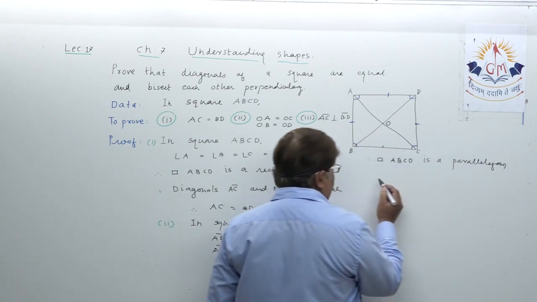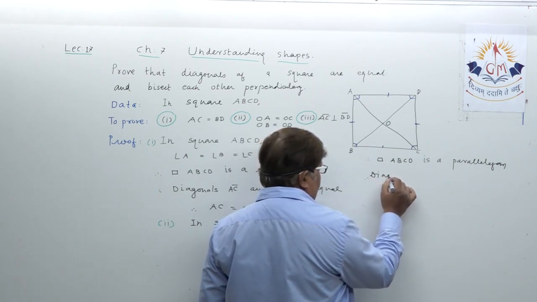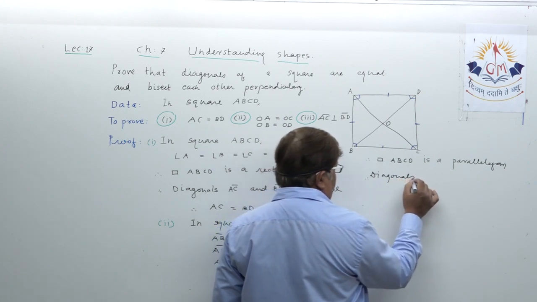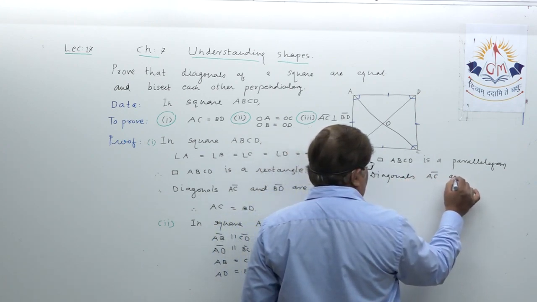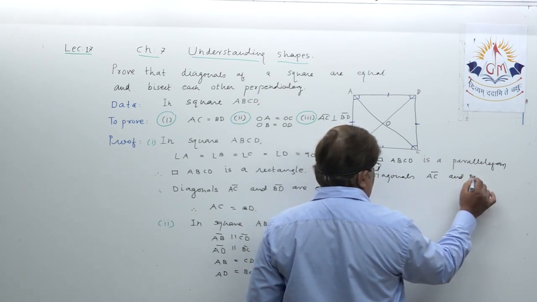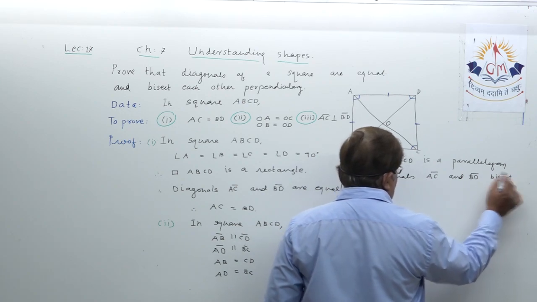Now when you say it's a parallelogram, that means in a simple way the diagonals AC and BD bisect each other.